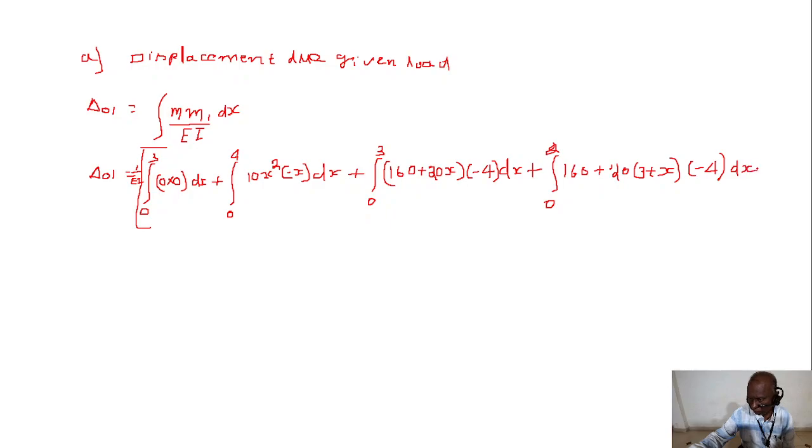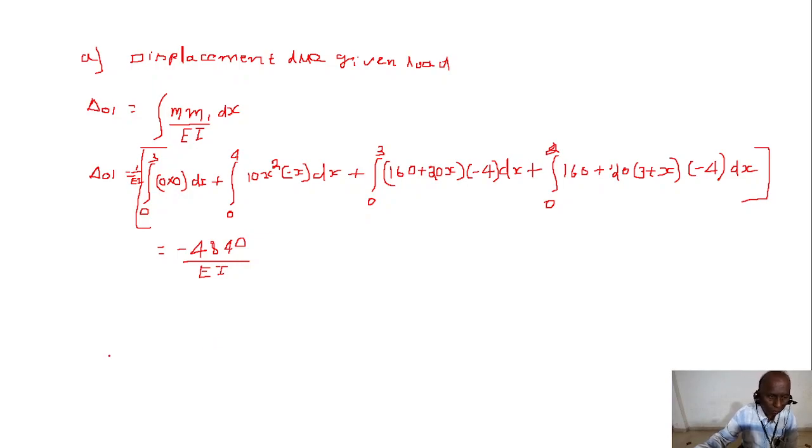So this is the equation for delta 01. You will simplify this equation, you will get minus 4840 by EI. This is delta 01 at R1.